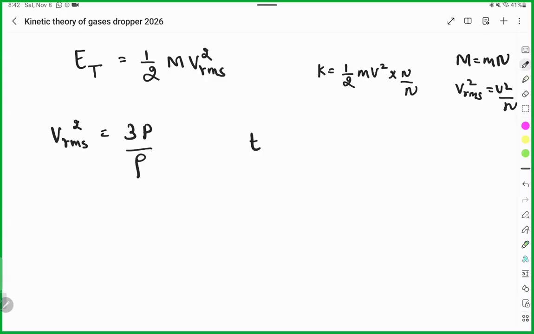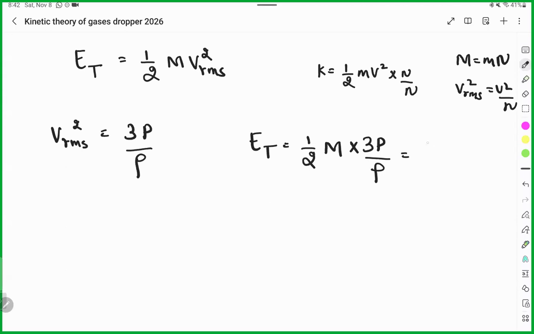So what will be the translational energy? 1 by 2 capital M, and instead of VRMS square, can you write 3 P by rho? Right? Yes, sir.